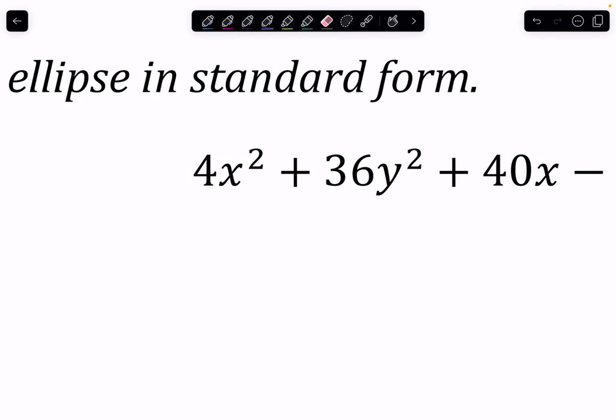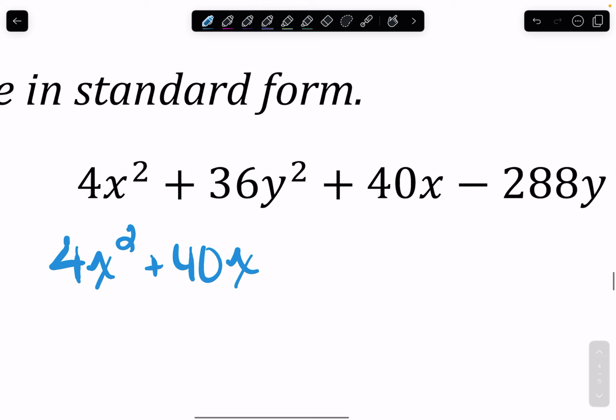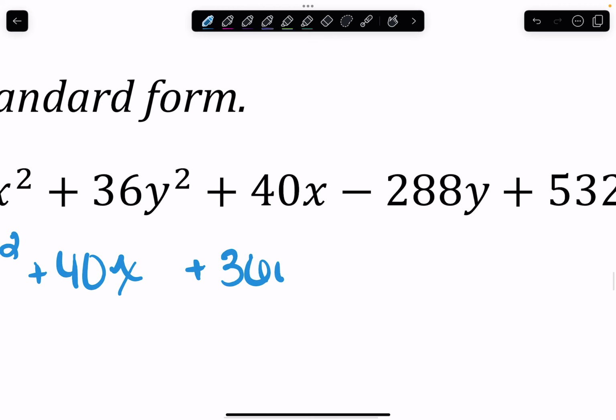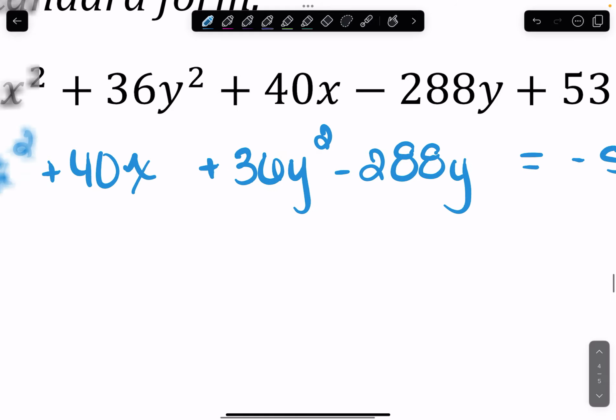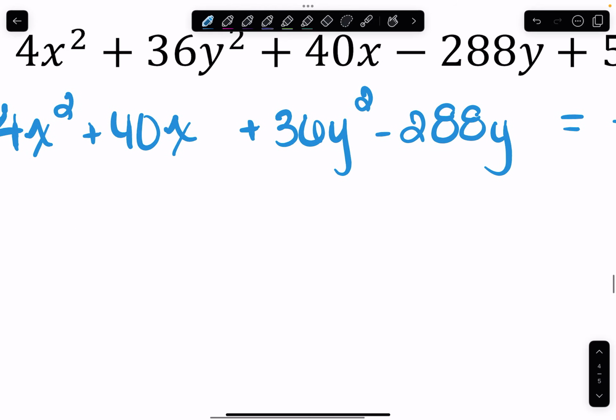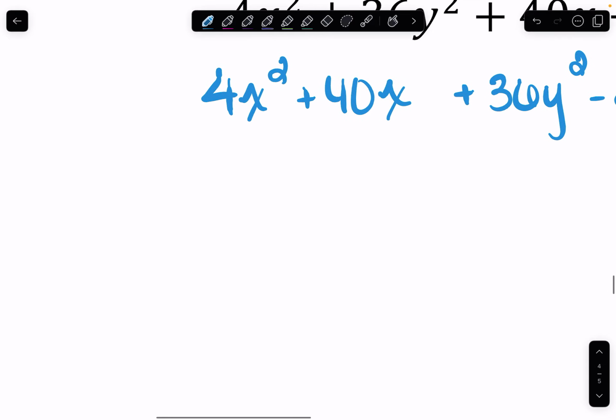All right, so I've got my 4x squared plus 40x, and then my 36y squared minus 288y, and then the constant's got to go. So we're going to go ahead and move it over, negative 532. All right, remember completing the square, we don't leave a coefficient next to our squared term, so it's got to be factored off just relative to the x's or y's only.